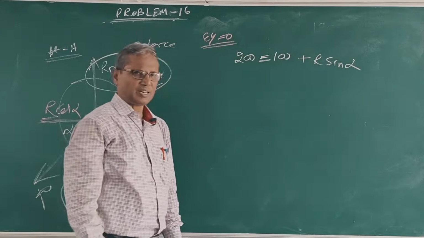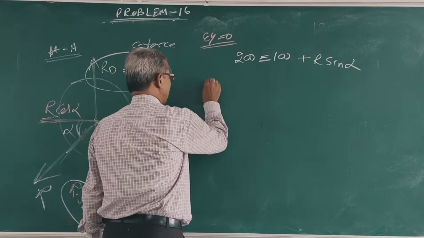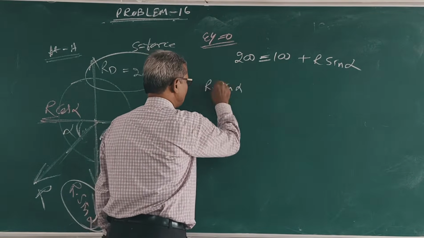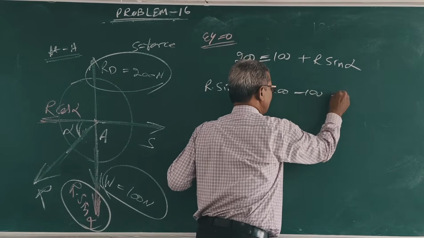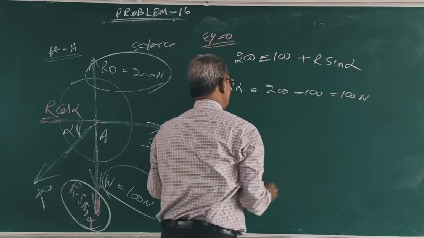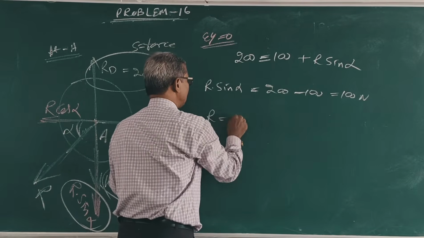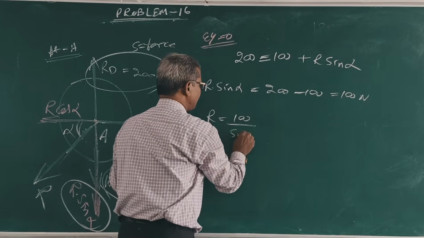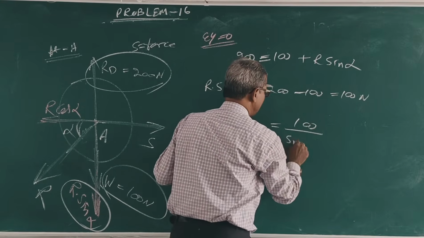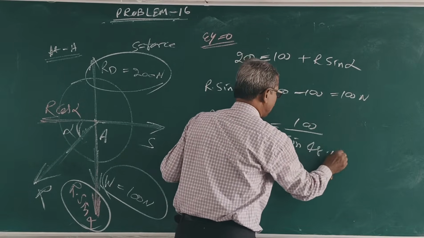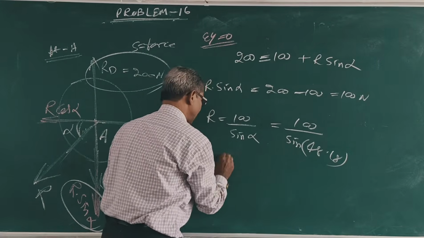So what is R sin alpha equal to? 200 minus 100, 100 Newton. What is R equal to? 100 by sin alpha, 100 by sin 48.18.